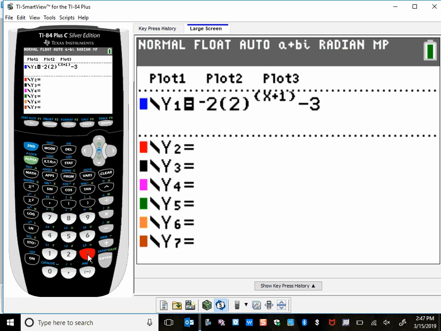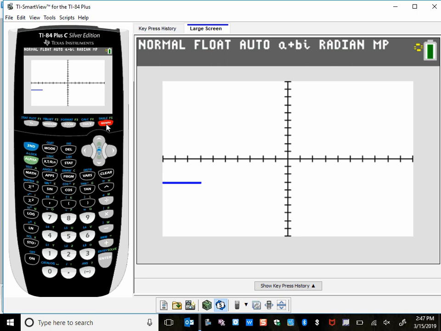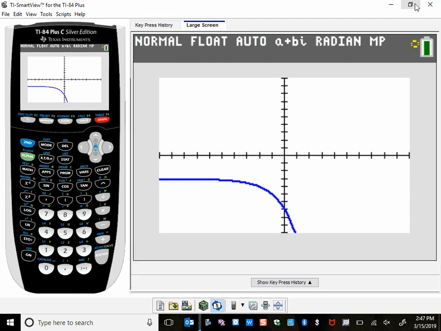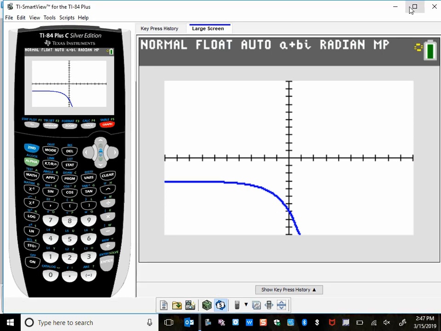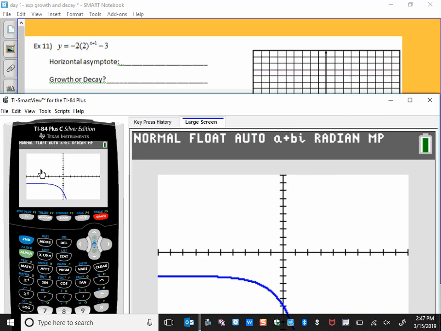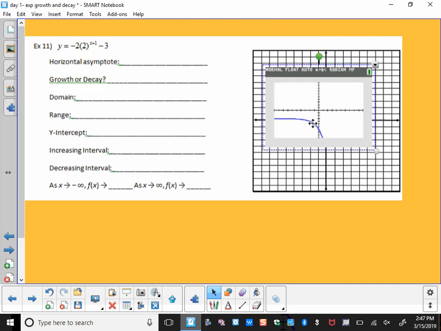You're basically just typing what you see. You put your whole exponent, that x plus 1, in parentheses.